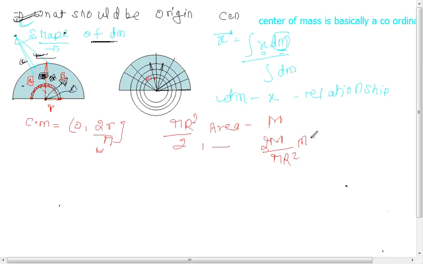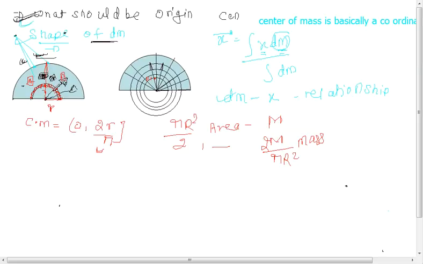Now guys, since we are interested in this geometry which has circular symmetry, we want to find out the mass of this area.